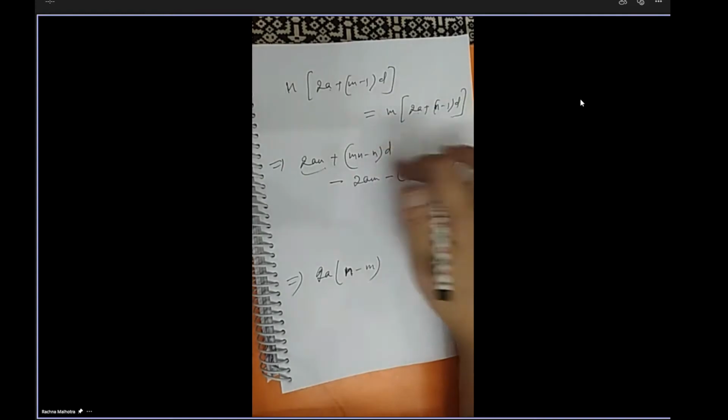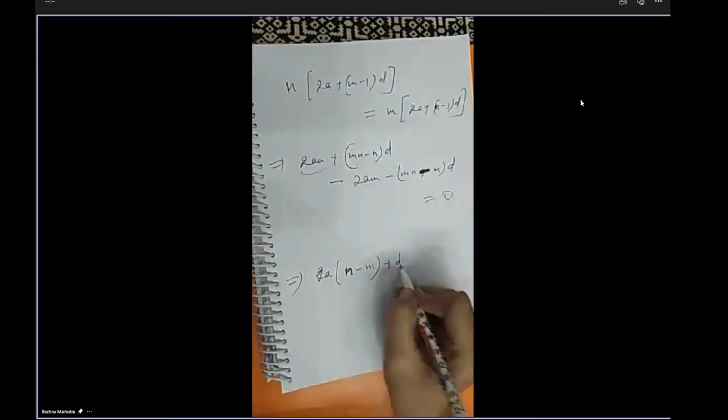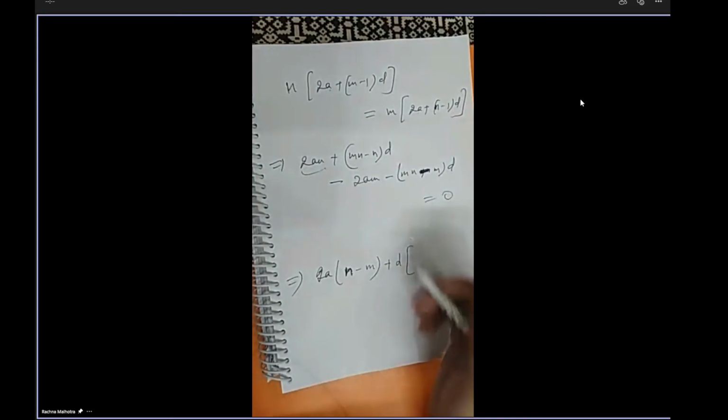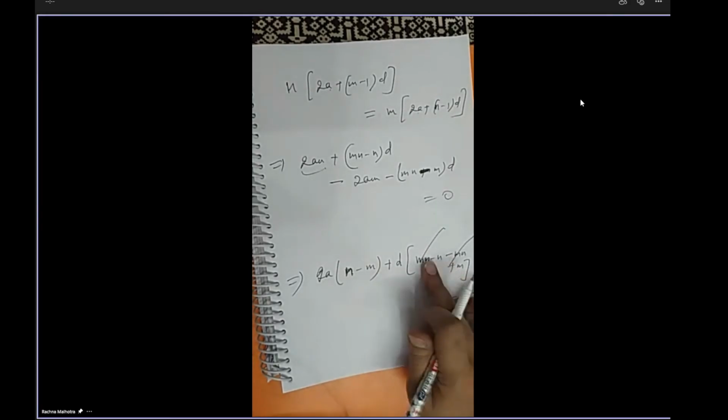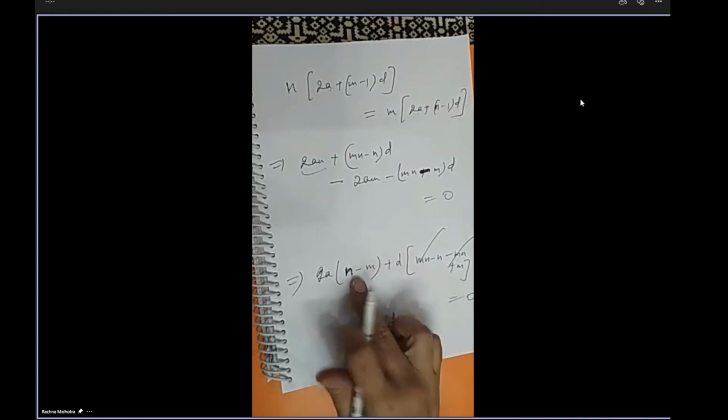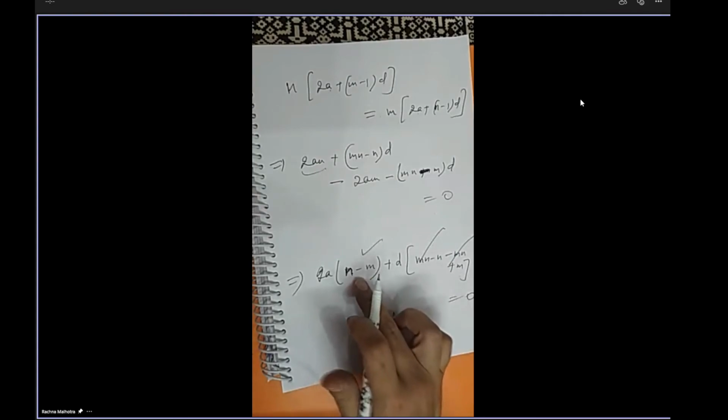Can we write it as any other term we can take out common? You can take out d common. So this is mn minus n, so this is m minus n. We can also write it as n minus m because we are getting n minus m.